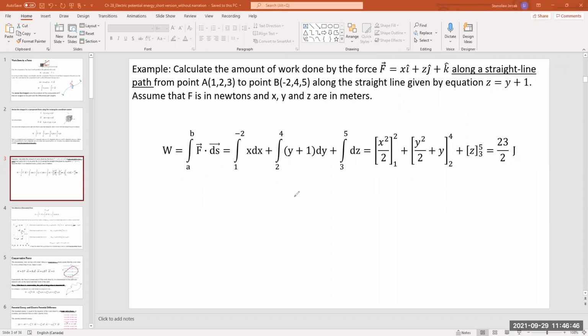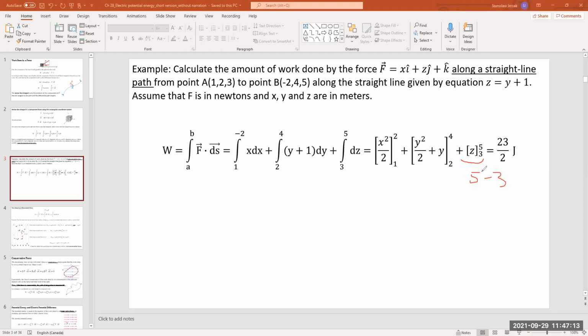Yes, please. For the z at the very end, once it's integrated, the z bracket 5, 3, do we replace the z with the y plus 1? Yeah, you substitute the upper limit, so this integral would be equal to 5 minus 3, right? Upper limit, substitute for z 5, and then minus, substitute the lower limit.